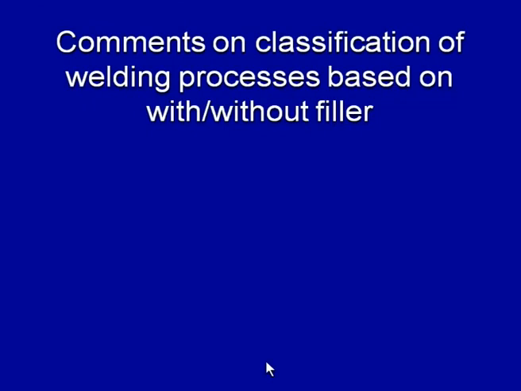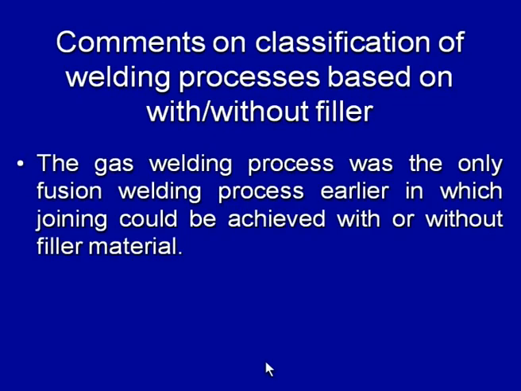So, if we see the variety of welding processes which are available for developing weld joints, let us try to see how effectively we can classify these welding processes, based on whether we are using filler material or not.